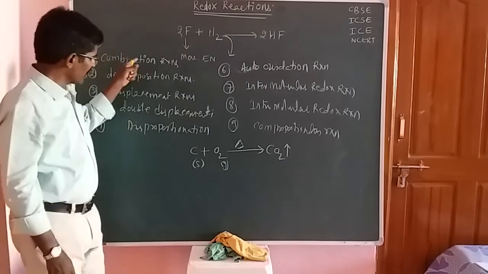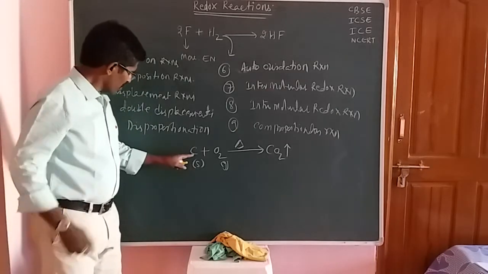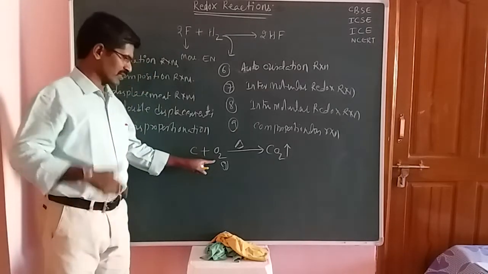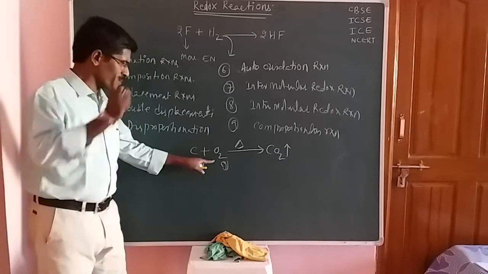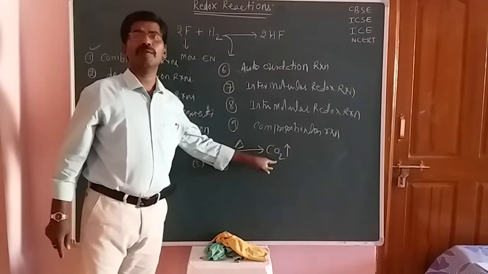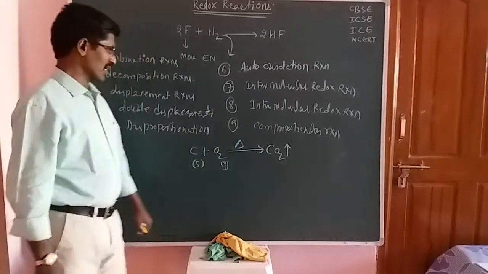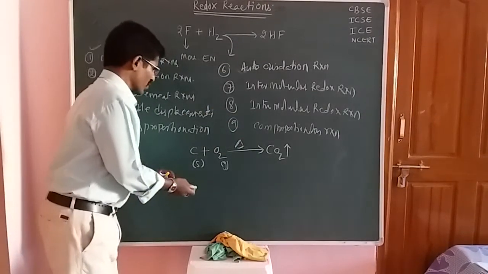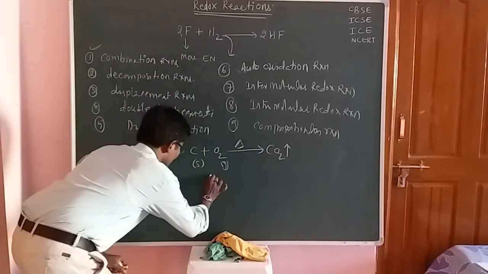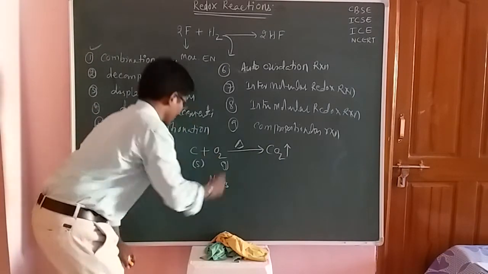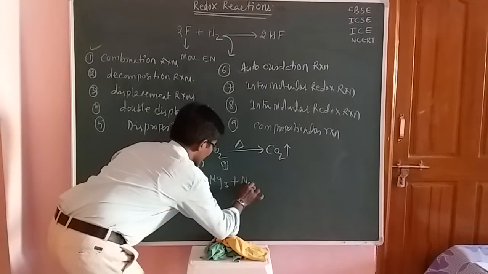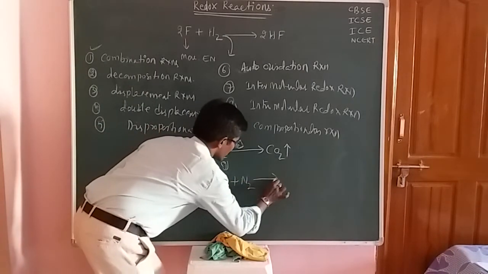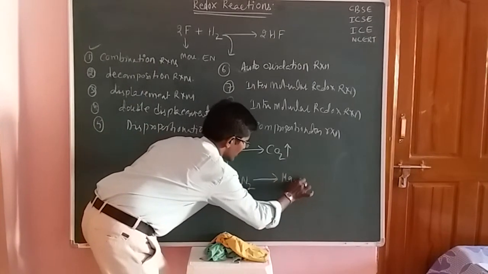According to our concept, in a combination reaction two or more elements combine to produce a single product. That is why it is called a combination reaction. One more example: magnesium reacts with N2 gas and gives rise to magnesium nitride.